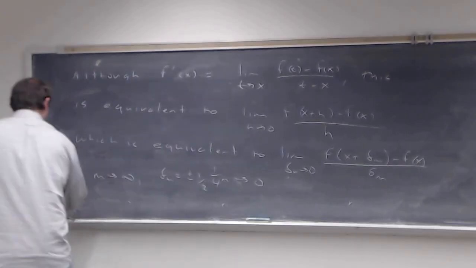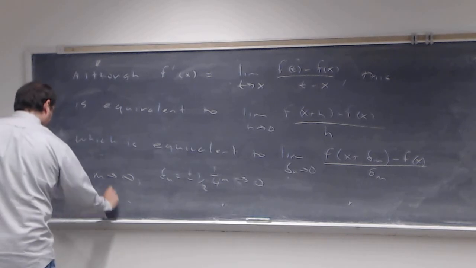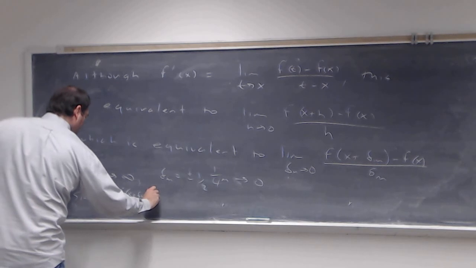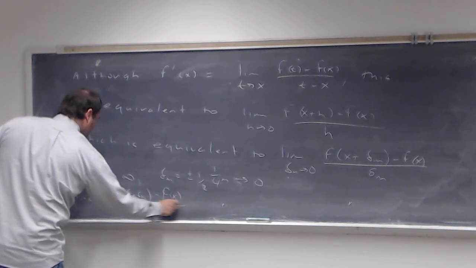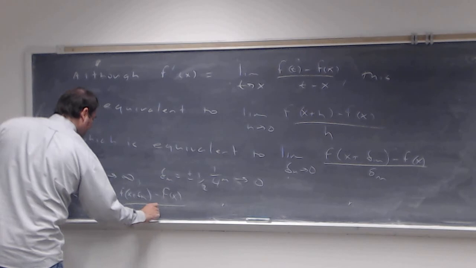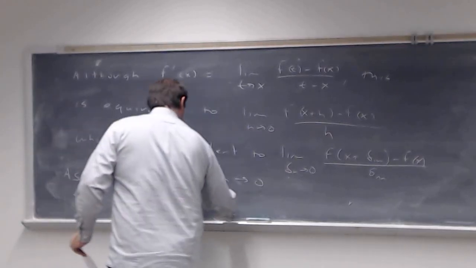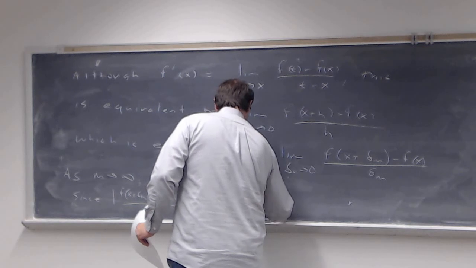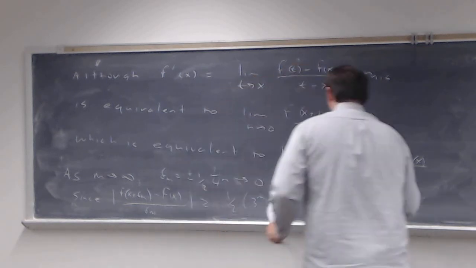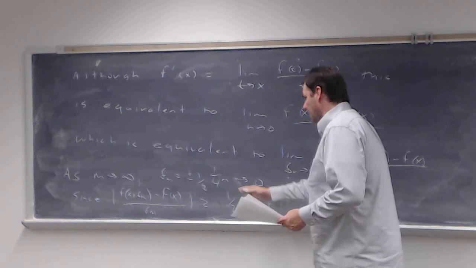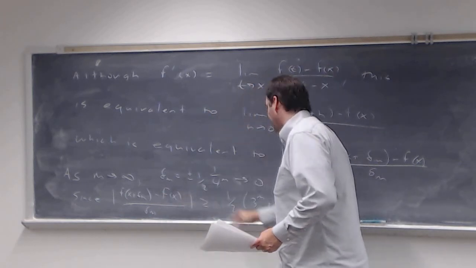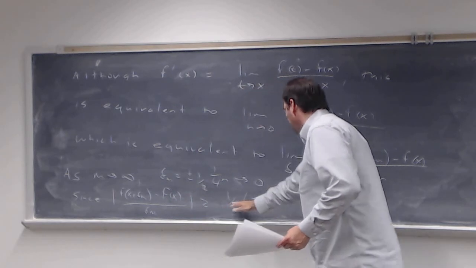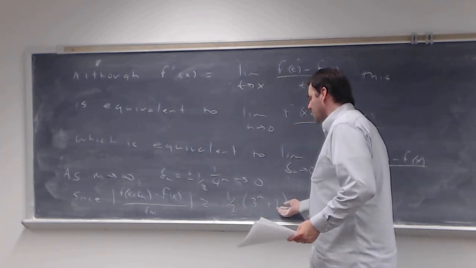Okay. So since the absolute value of f of x plus delta sub m minus f of x all over delta sub m is going to be greater than or equal to what we had just a second ago, that 1/2 3 to the m plus 1, then, you know, as delta sub m goes to 0, as m goes to infinity, okay, this guy goes to what we hope to be the derivative, but this guy is going to go towards infinity.